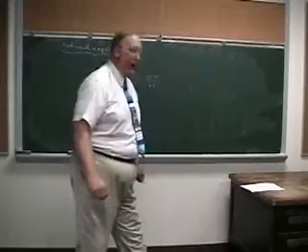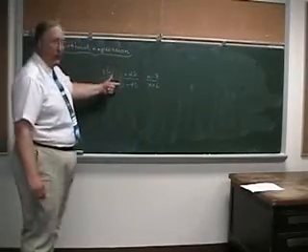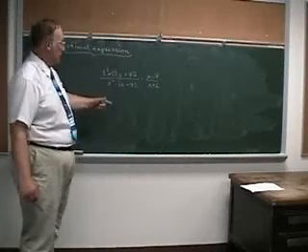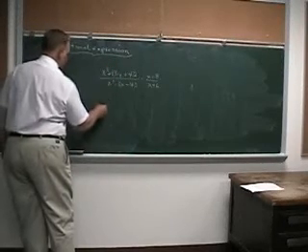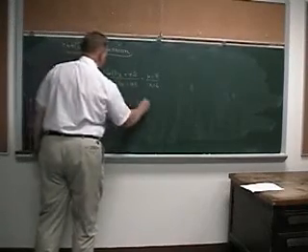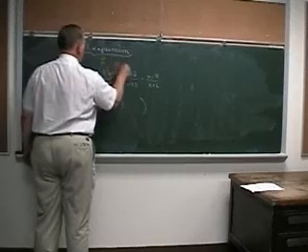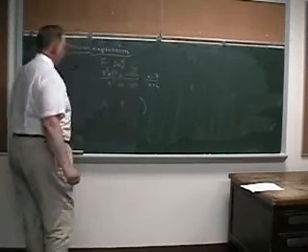Now, this one's going to be a handful here to keep track of, because we're going to have to use the FOIL method on these two. So let's get some practice here using the FOIL method up here. Remember, this is F, this is O plus I, and that's L.